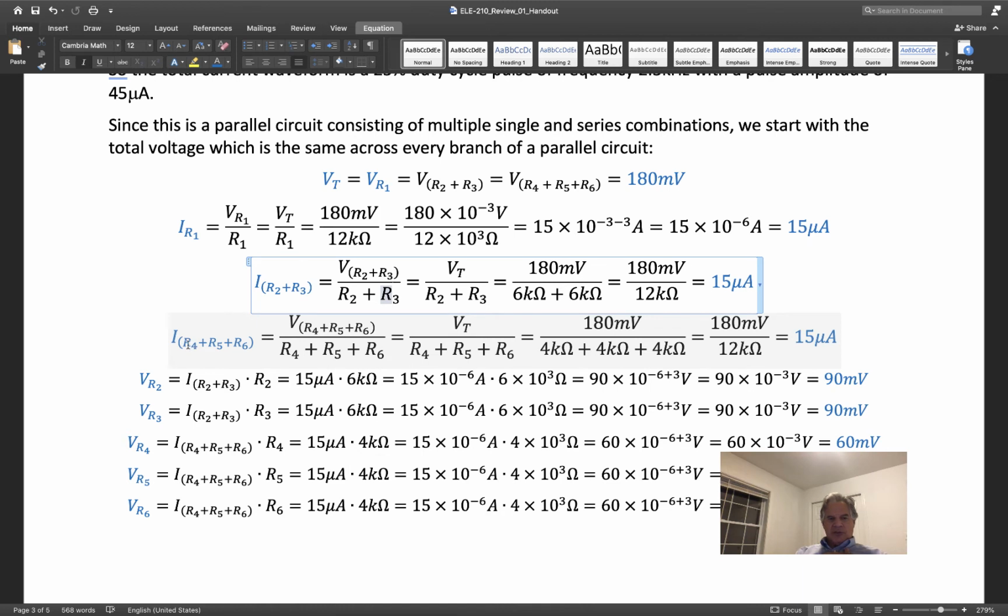The current through the series combination of R4, R5, and R6 is the voltage across those three resistors, which is the total voltage, 180 millivolts. And you add these up, and you get 4K plus 4K plus 4K, the same 180 millivolts over 12K resistance in that branch gives me 15 microamps.